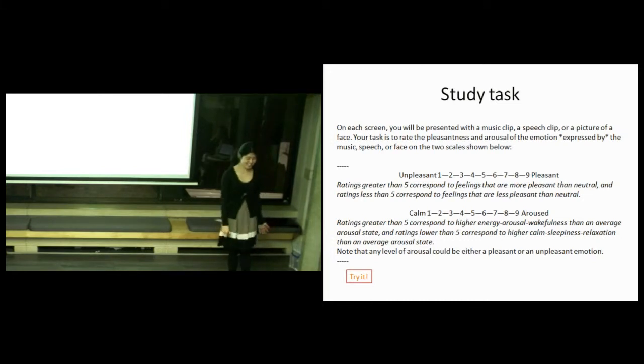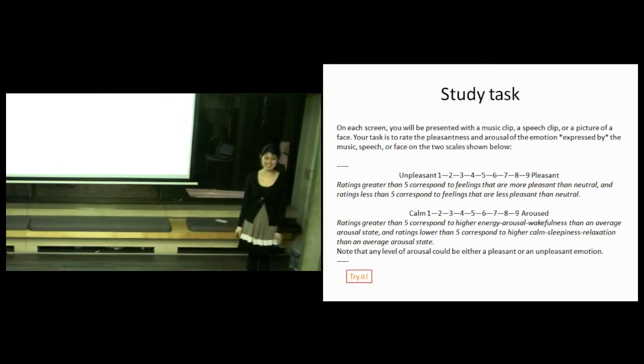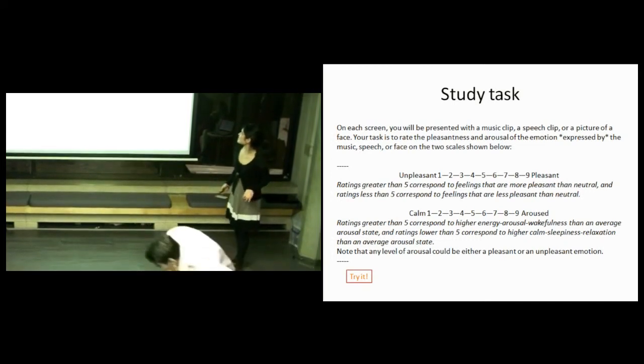Okay, so you should take note, because I'm going to have you do this task, if you have a pen with you. If not, that's okay. On each screen, you're going to be presented with a music clip, a speech clip, or a picture of a face. Your job is to rate the pleasantness and the arousal of each of those clips.